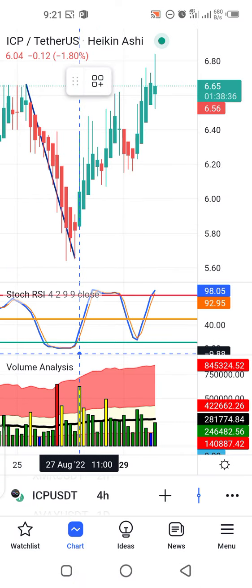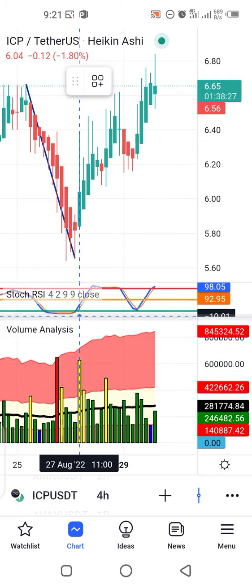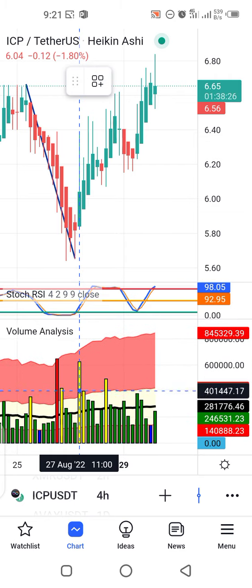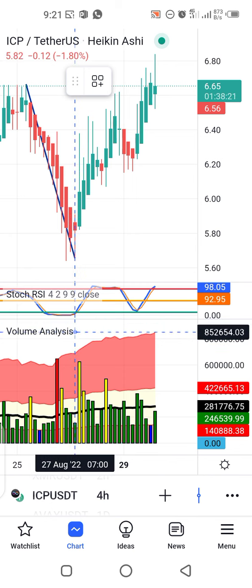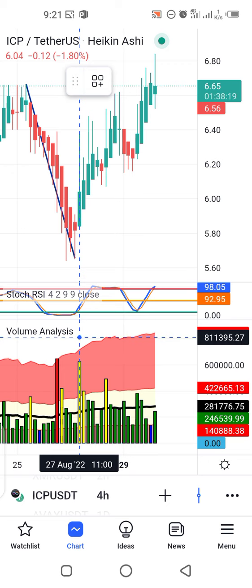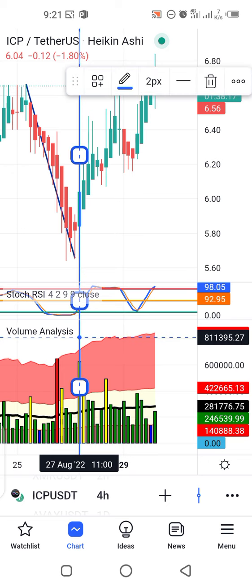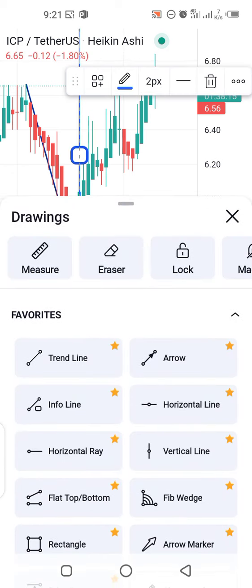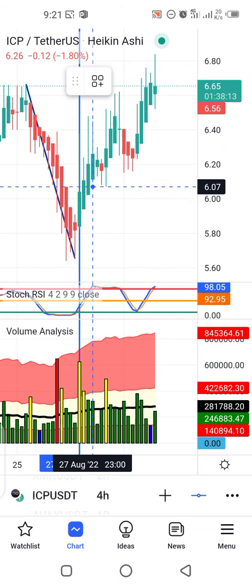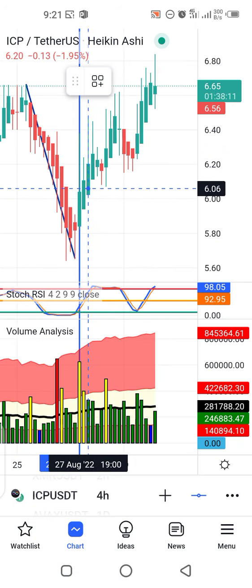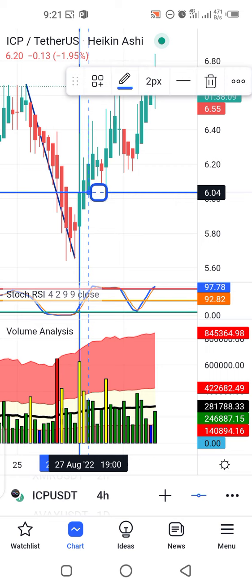This is a green Heiken Ashi candle, which all of you can see very well. So I draw my vertical line, then I draw my horizontal line from where the candle closes from, which is there basically.